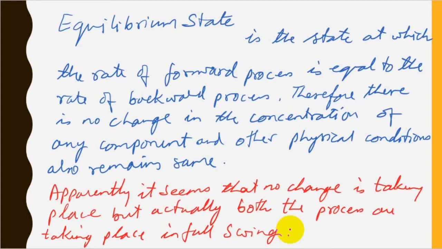Observation-wise, nothing will be there, but practically everything is happening. Since both the processes are taking place in full swing, it is also called dynamic equilibrium, because the reactions are actually taking place.